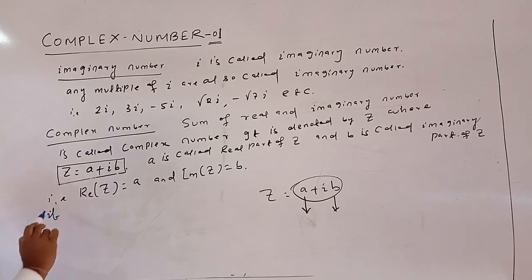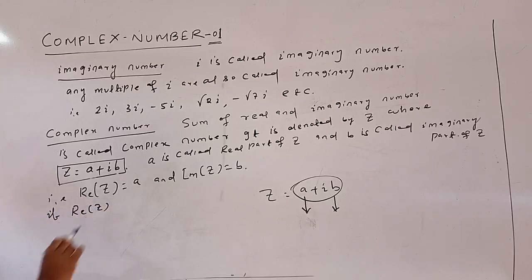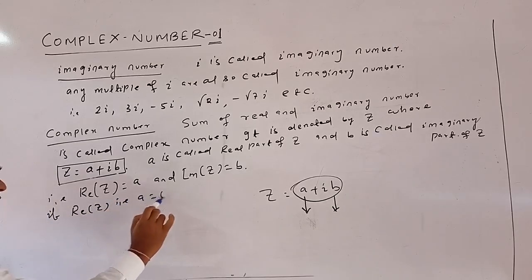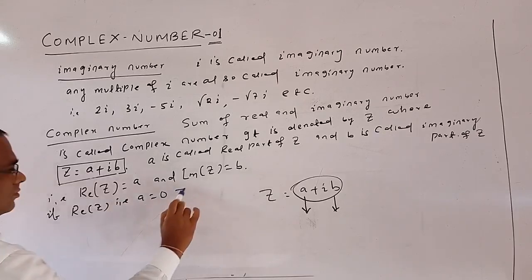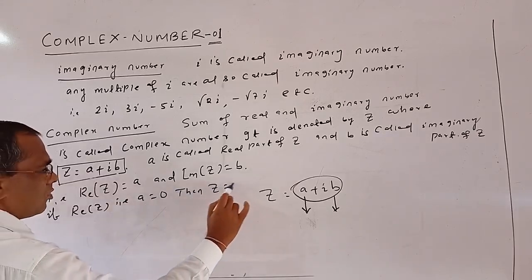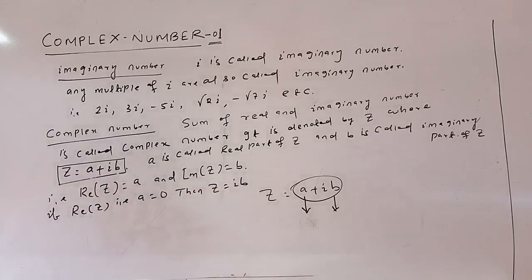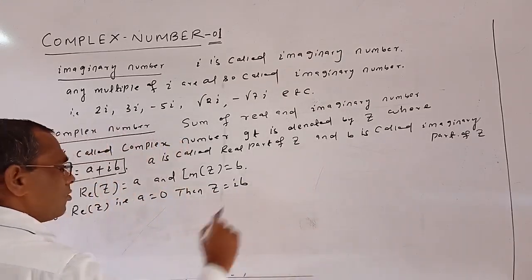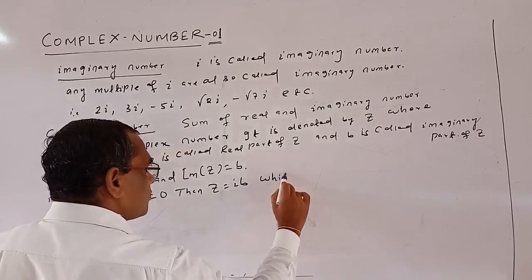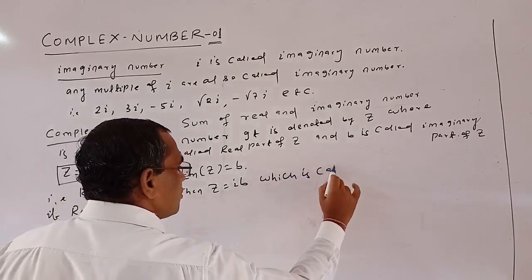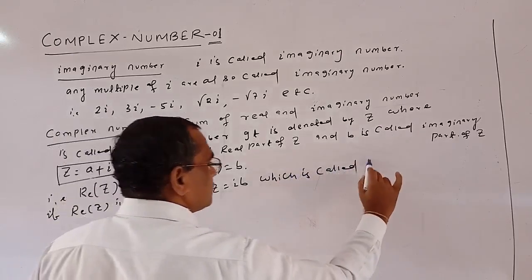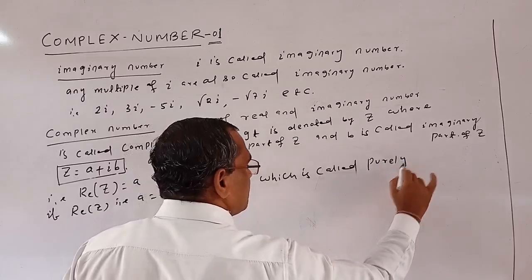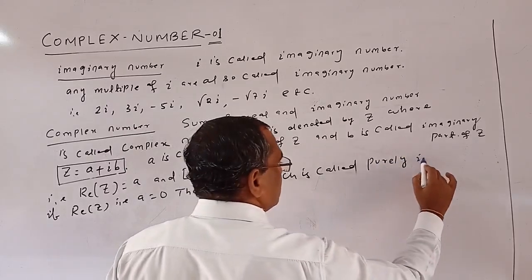If the real part of z, that is a, equal to 0, then z equal to ib, which is called a purely imaginary number.